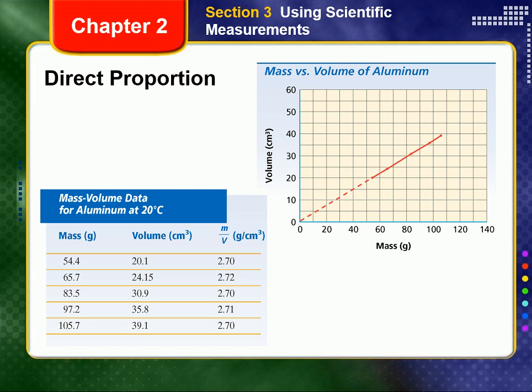The slope of the line reflects the constant density, or mass to volume ratio of aluminum, which is 2.70 grams per cubic centimeter at 20 degrees Celsius. Notice also that the plotted line passes through the origin. All directly proportional relationships produce linear graphs that pass through the origin.